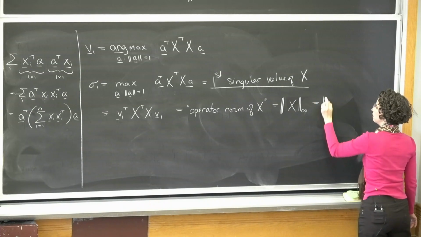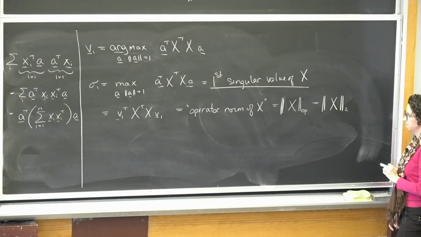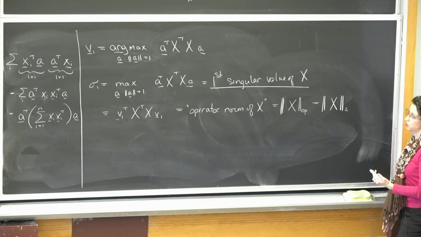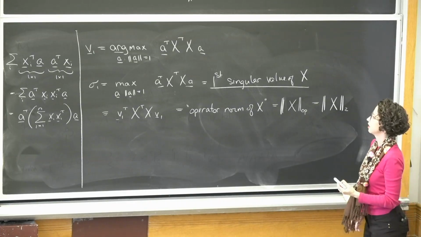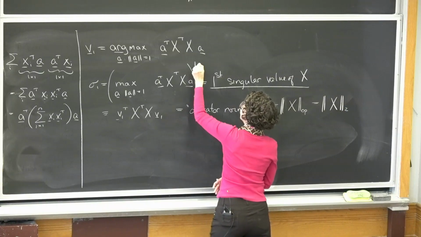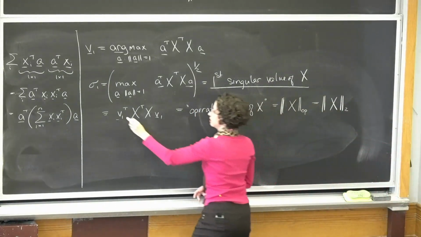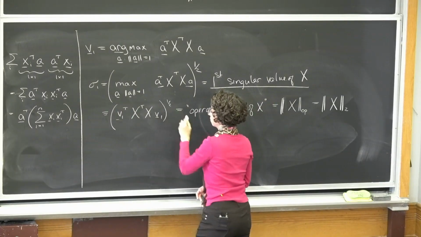Or sometimes people will write it with this little 2 down here. All of these mean exactly the same thing. Sigma 1 is the square root of this, apologize. And this is the first singular value. All of these mean exactly the same thing.